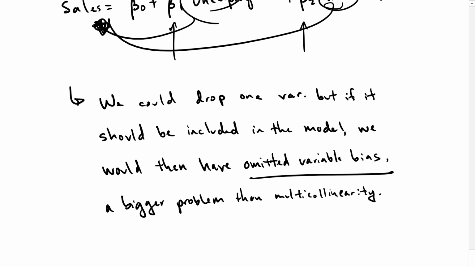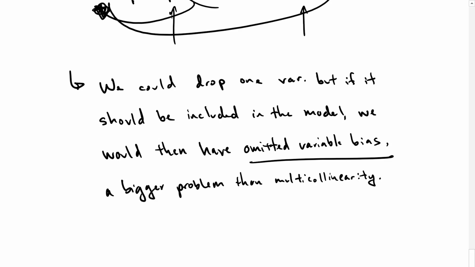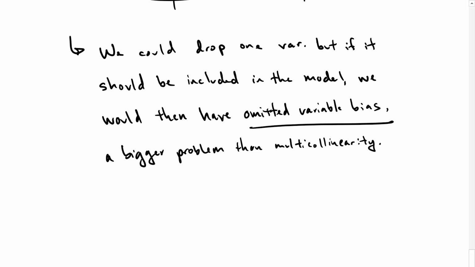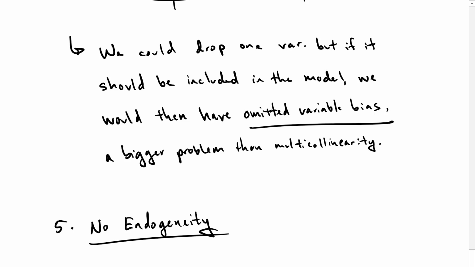Okay, and omitted variable bias is one of the sources of a violation of our next and last assumption, which is no endogeneity. Okay, and if you have endogeneity, which could come from omitted variable bias or simultaneous equations, then your beta, your estimate, is going to be biased.